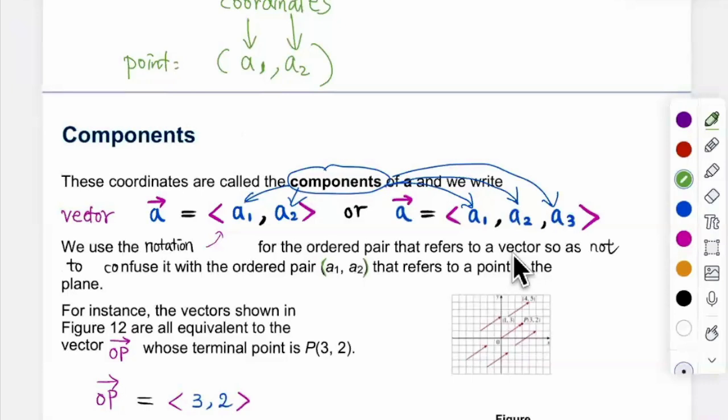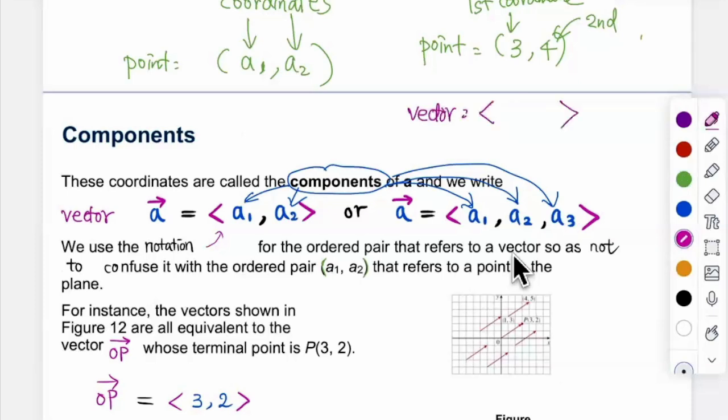Maybe just more examples. If you have a point (3, 4) in parentheses, this is the x coordinate or first coordinate, and this will be the second coordinate. And now if you have a vector, then you have an angle bracket like this, then 3, 4.